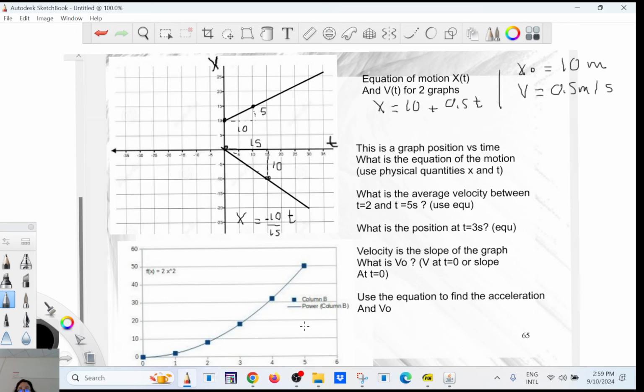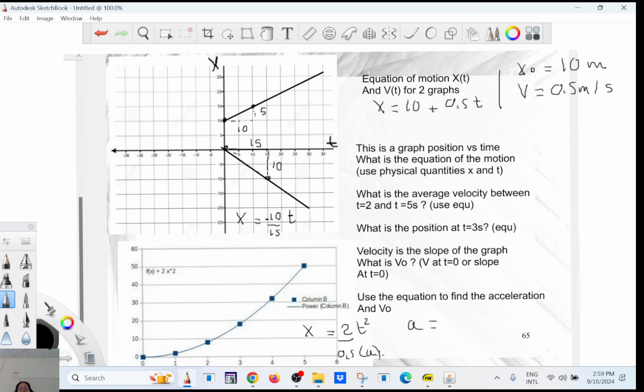So what's happening here? X equals 2t squared. It's a parabola. So is it moving at a constant velocity or is it speeding up? Speeding up. Can we find the acceleration? This is half of the acceleration.